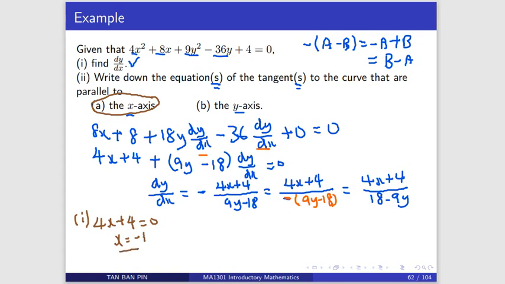After finding x equal to minus 1, you sub back into the equation of the curve. I'm going to call this equation 1. That means you sub into equation 1.